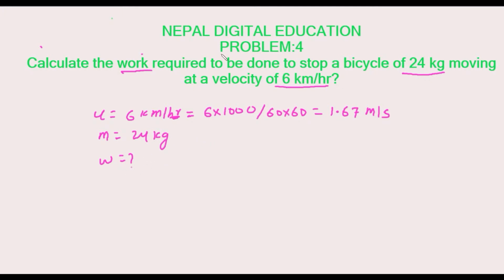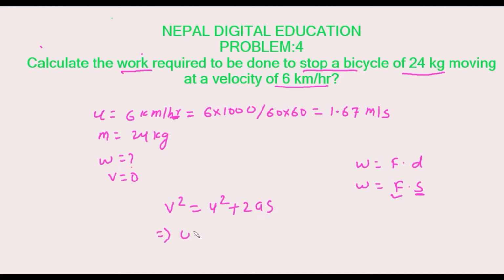But in this problem, the work required to stop a bicycle, so its final velocity becomes 0, and we know that work done is F into d, displacement. We can also write F into S. Force means mass into acceleration, and this displacement S we can find by using the equation of motion, that is v square equal to u square plus 2as.